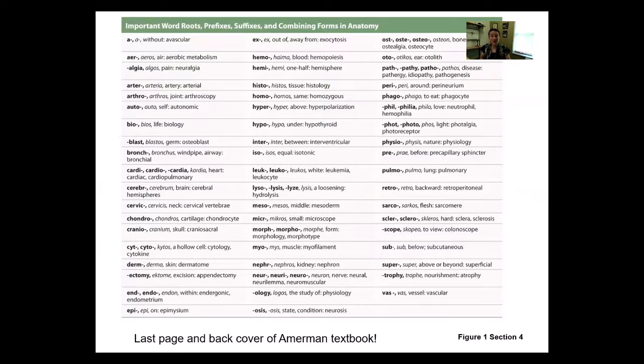But I encourage all of you to find these types of charts, right? So roots, prefixes, suffixes. There's one in the back of the textbook that I recommend, but also in any other textbook as well. And so you're going to want one of these as a reference. Okay? I give you some here, but surely there are a lot more than it.